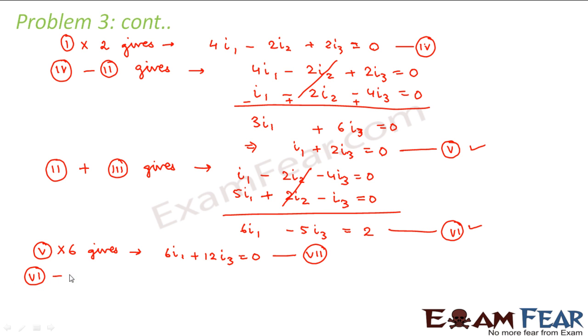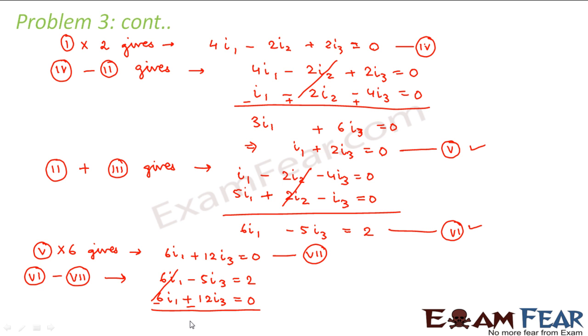Now equation 6 minus equation 7: 6I1 minus 5I3 is equal to 2, and 6I1 plus 12I3 is equal to 0. So you reverse the signs.